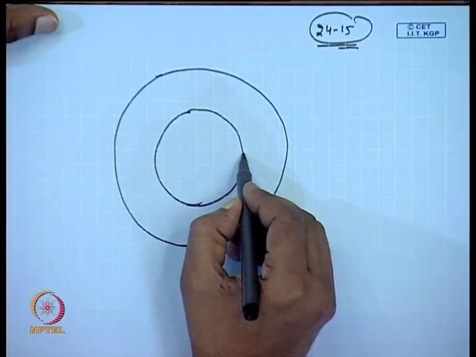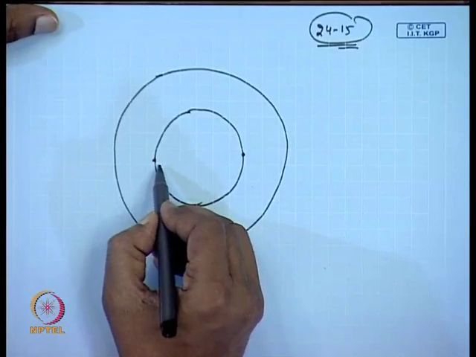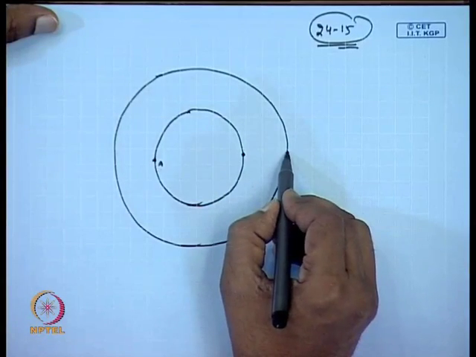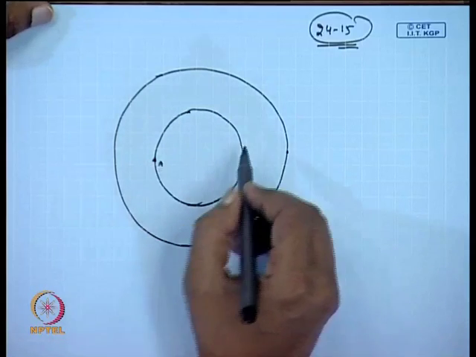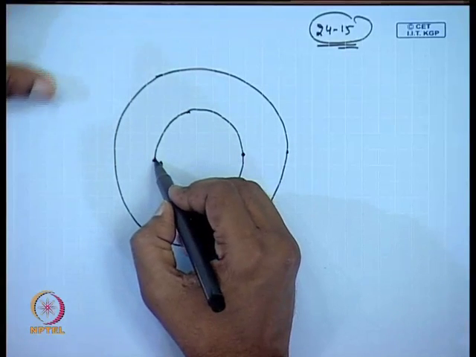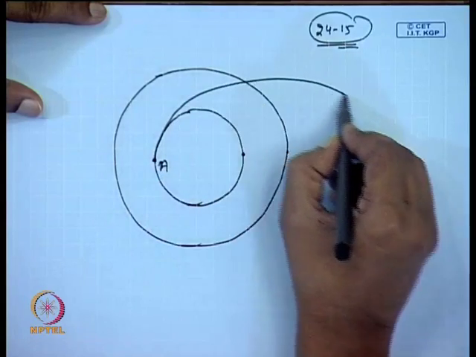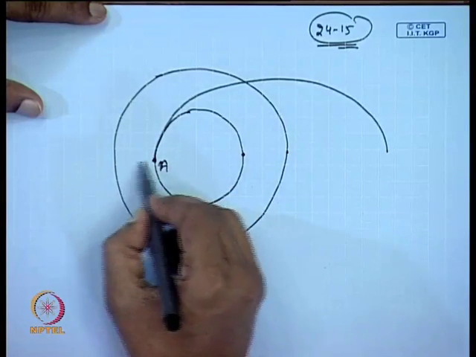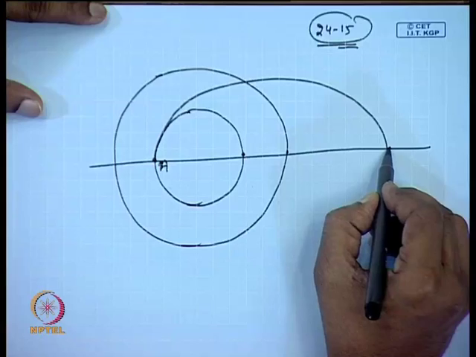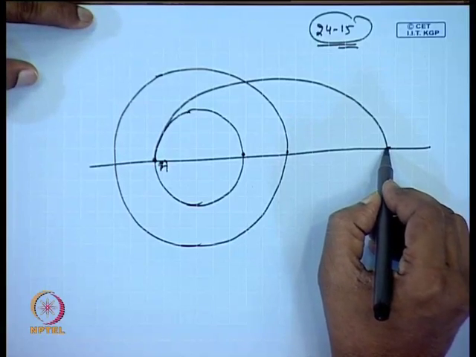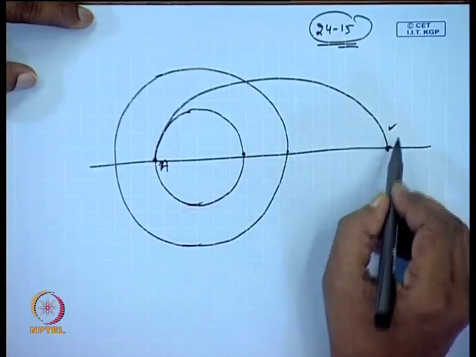Okay. So, instead of transferring from point A to point B here, the transfer starts at point A, the impulse is given and the satellite goes into an elliptical orbit, which is shown like this.